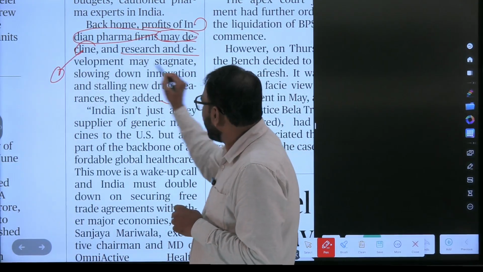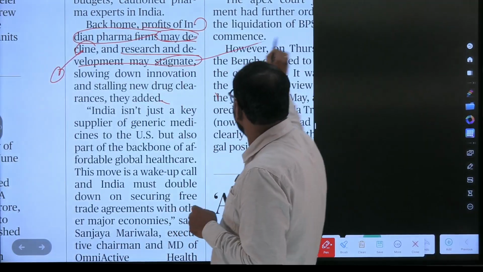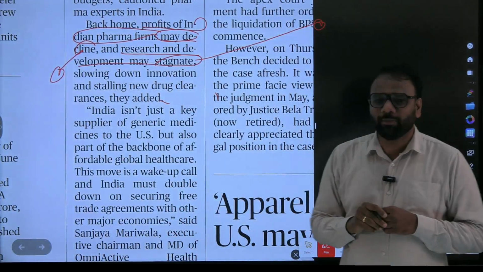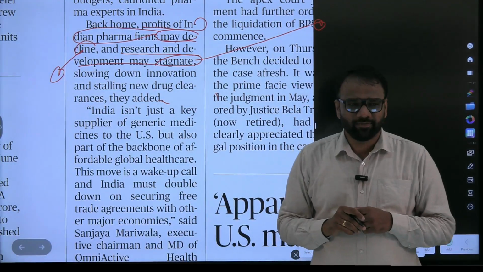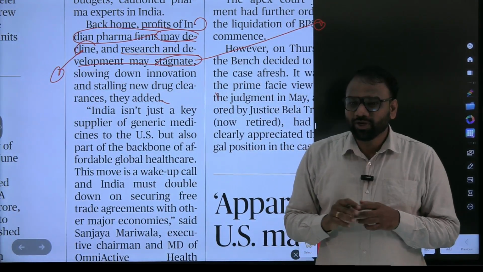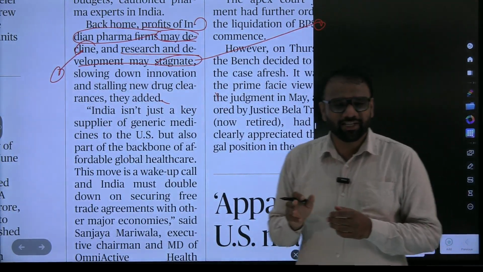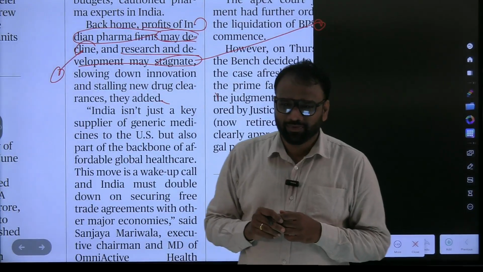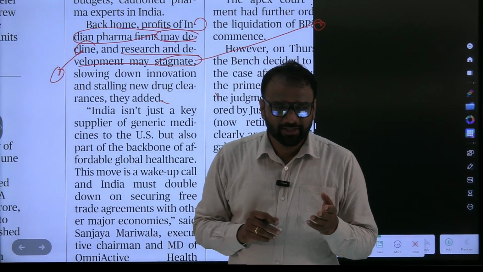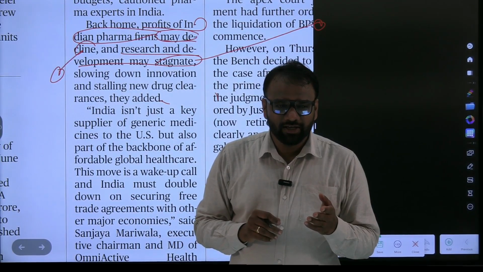And the research and development may stagnate. What does it mean? Why has research and development come in this context? It requires funds, and less trade means less funds.